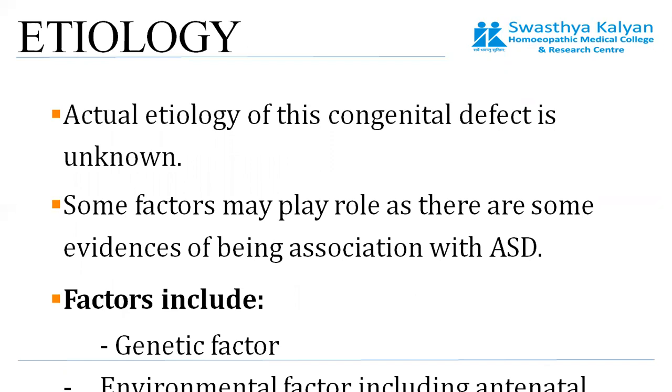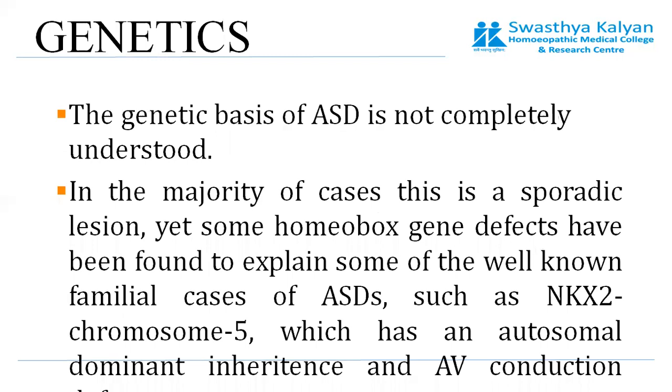Also, the actual etiology of this congenital defect is still unknown, but some factors might play an important role, like genetic and environmental factors. So let us look into the genetics. The genetic basis of ASD is not completely understood, although in the majority of cases it is a sporadic lesion.